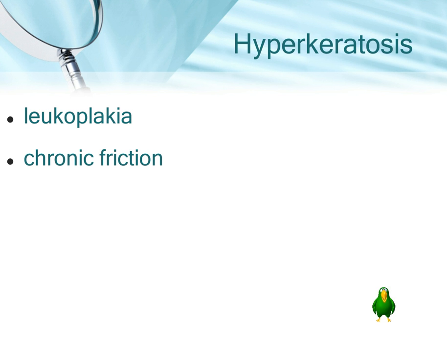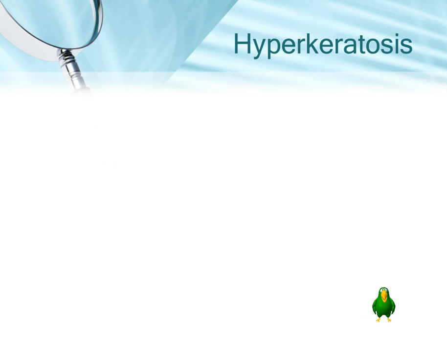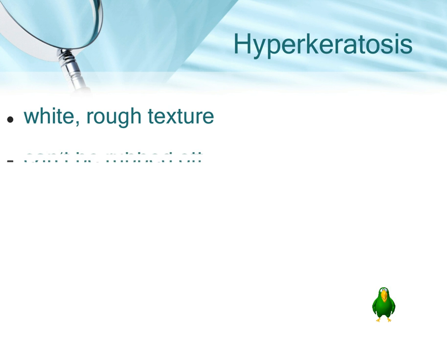As a way of protecting itself, the tissue will thicken. When the tissue thickens, it becomes whitish in color with a rough texture. In addition, this thickened tissue can't be rubbed off when it is wiped.